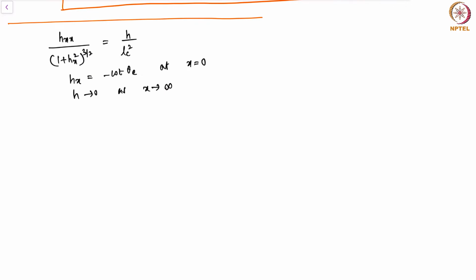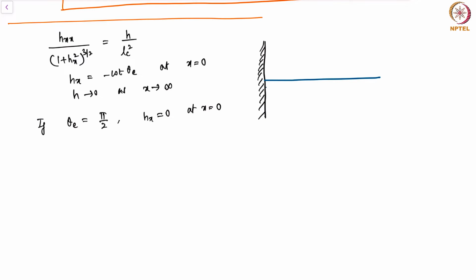Now notice that if theta e is pi by 2 or very close to pi by 2, then automatically hx is equal to 0 at x equal to 0, which means that the interface is flat. So my plate is this way, vertical, and the interface just remains flat.